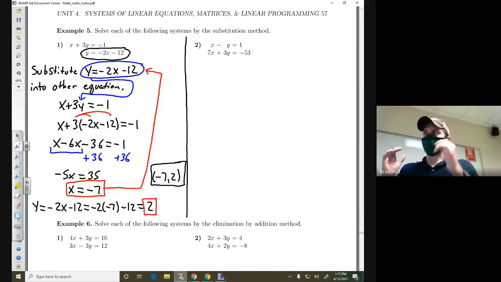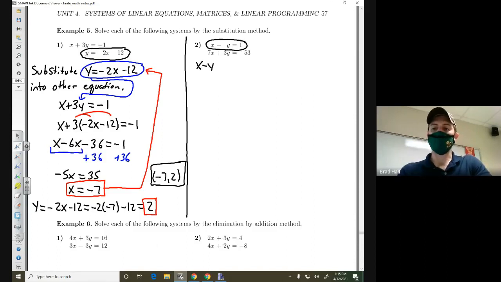Now, the goal with the substitution method is to pick one of the two equations and solve for one of the two variables. Now it's a little bit more complex. I'm going to pick the top one because there's fewer numbers. It seems like an easier equation. And I want to solve for any one of the variables, it doesn't matter.